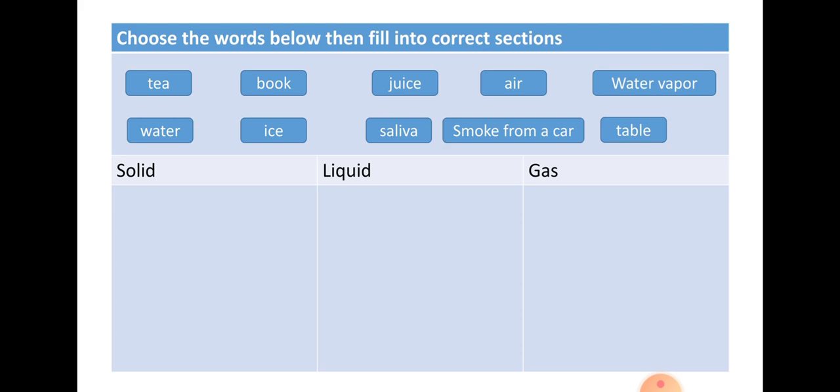First we are looking at the word tea. So tea must go to what? Tea must go to liquid. Book must go to solid. Juice must go to liquid.